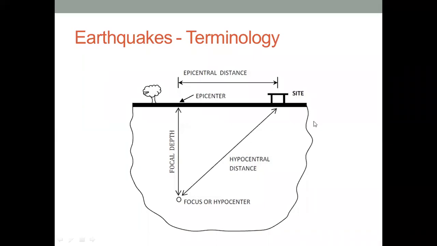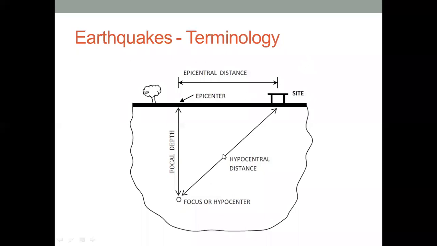And some of the terminology related to the earthquake: the point where the energy built up is released after the elastic rebound. That point is called the hypocenter or focus. There will be one station to record the ground motion vibration.